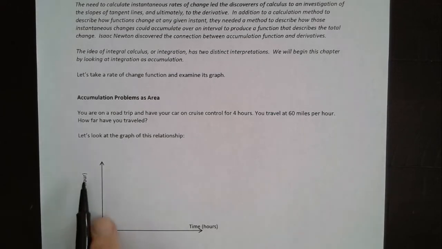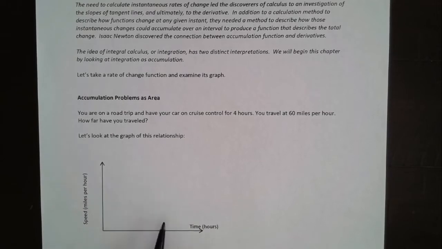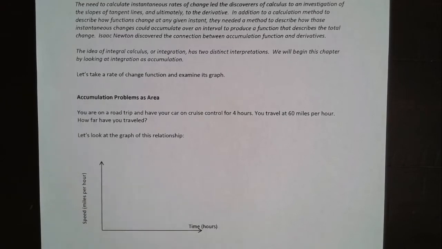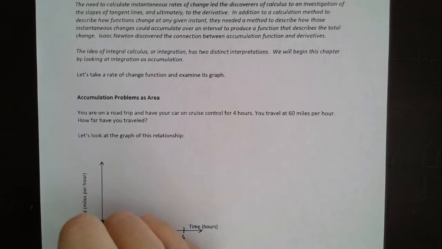So here I have speed on my y-axis and I have my time in hours on my x-axis. I'm just going to make some labels here. And I'm going to count my speed by tens.